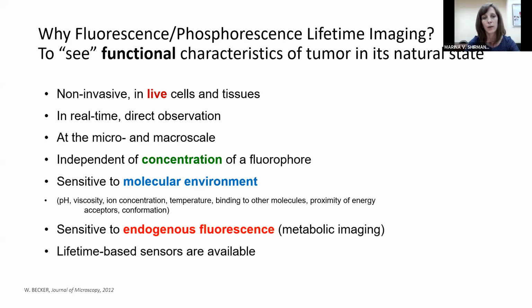And the key feature of fluorescence lifetime measurements is that lifetime, unlike intensity, doesn't depend on the concentration of the fluorophore. This is especially important for in vivo studies and for tissue studies, because you can never achieve homogeneous distribution of a fluorophore within a tumor, because the tumor itself is very heterogeneous.